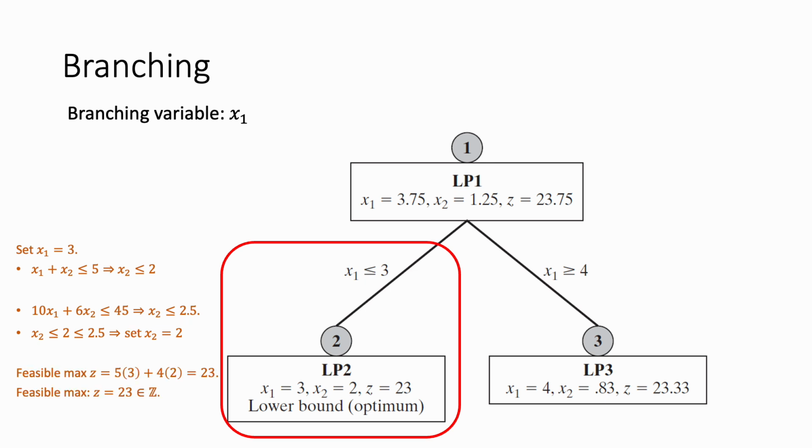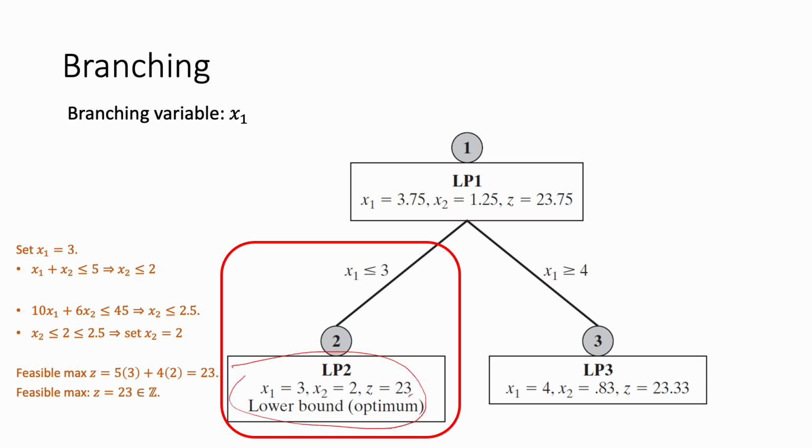So here we have x sub 1 equals 3 and x sub 2 equals 2. The feasible maximum value for this would be 23, which is an integer.